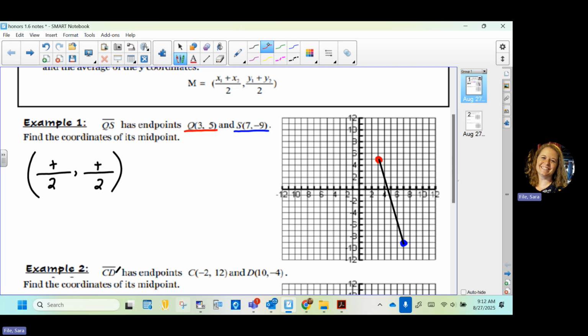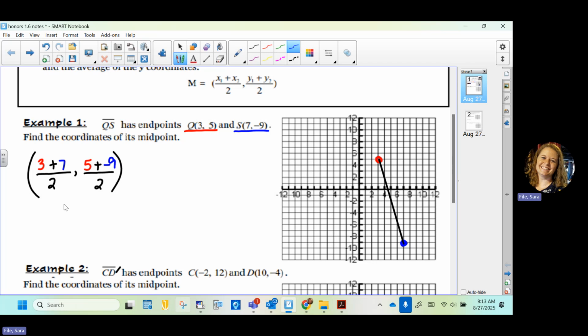So I take the x and y of Q, which are 3 and 5. And the x and y of S are 7 and -9.